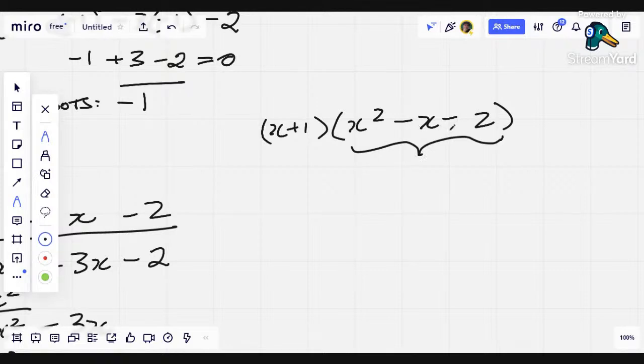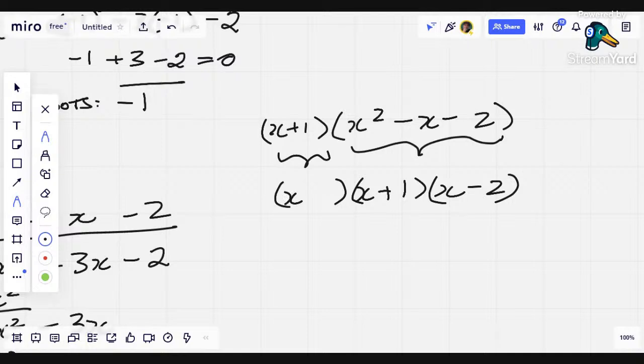We can do this by inspection, and we end up with x, and then one of those is a 2, and one of them is a 1, so that's going to be minus 2, and that's going to be plus 1. I'm just doing that by inspection. And then, of course, let's not forget this one here, x plus 1. So now we've completely factored the cubic.